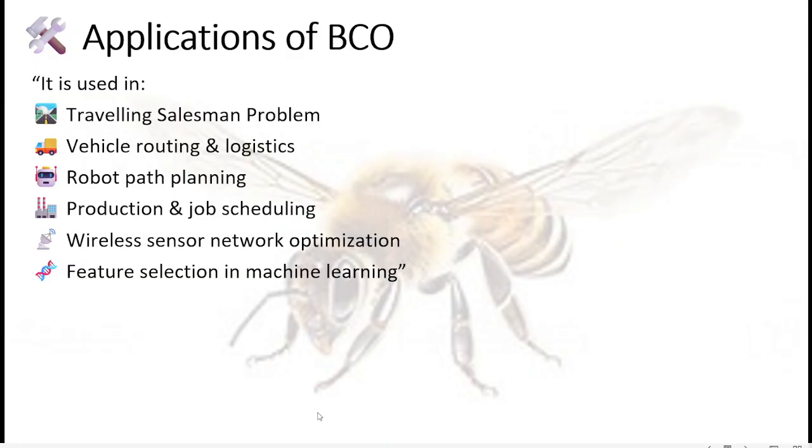Then production and job scheduling, assigning tasks to machines in factories for minimum time or cost. Then wireless sensor network optimization, deciding where sensors should be placed for best coverage. Then at last, feature selection in machine learning, selecting the most important features to improve model performance.